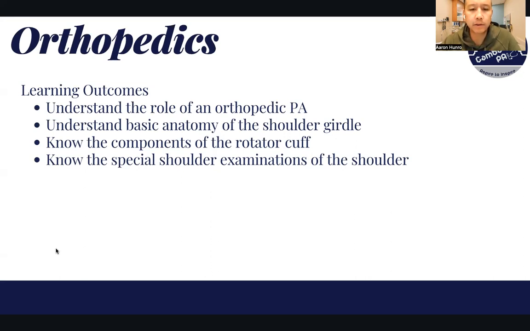We're going to talk about the different components of the rotator cuff, the SITS muscles, as well as special shoulder examinations. I definitely don't want y'all to know this like the back of your hand, but at the same time be familiar with it.